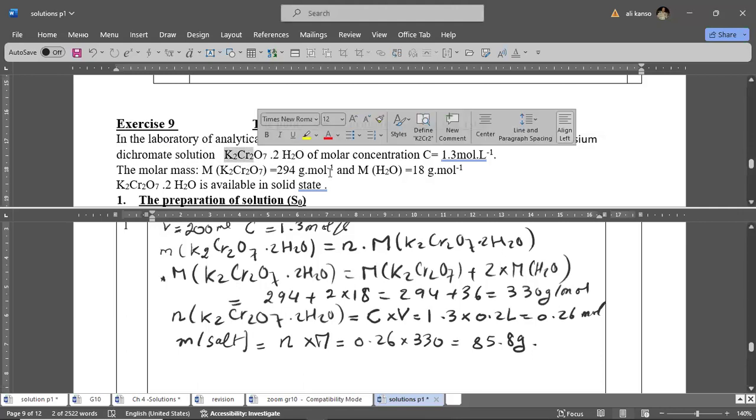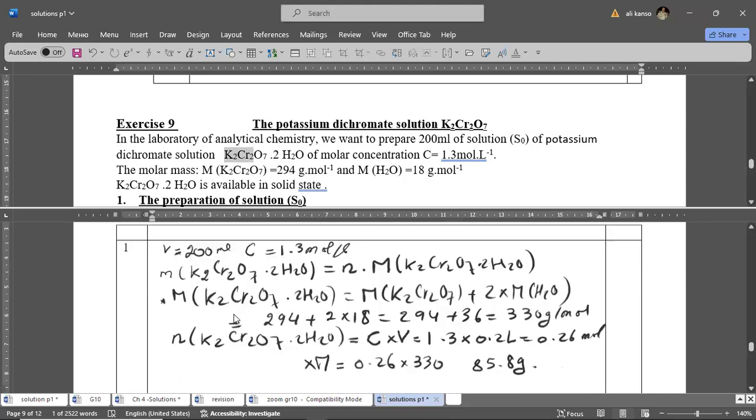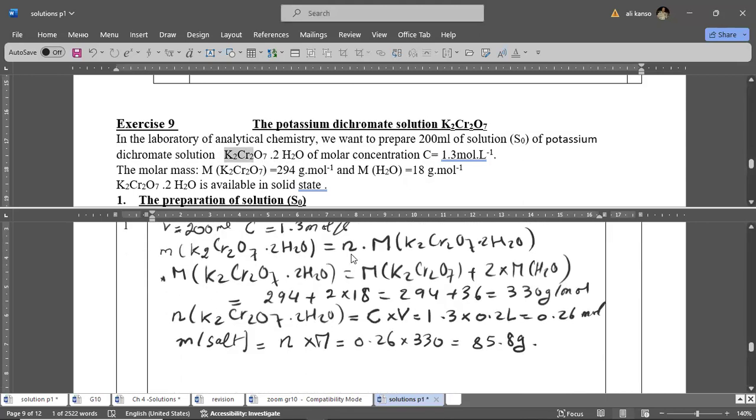In order to calculate the mass, we first calculate the number of moles, and then the molar mass, because mass equals number of moles times molar mass. The molar mass of this compound is the molar mass of K2Cr2O7 plus 2 times the molar mass of water: 294 plus 2 times 18. Okay, we found the molar mass.